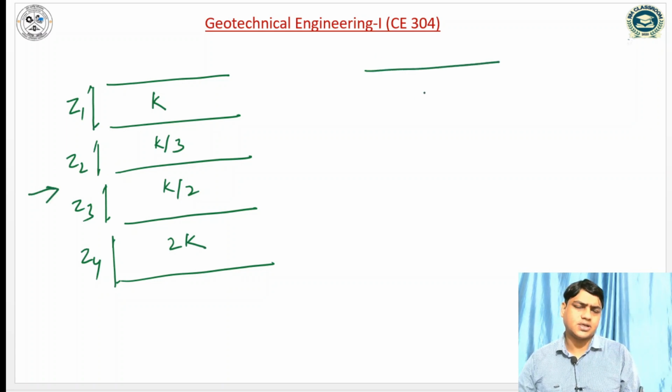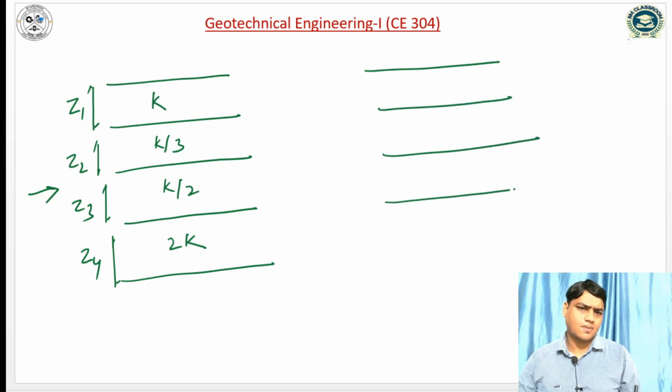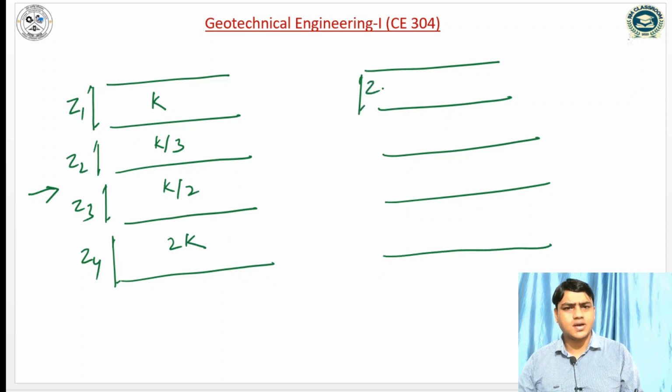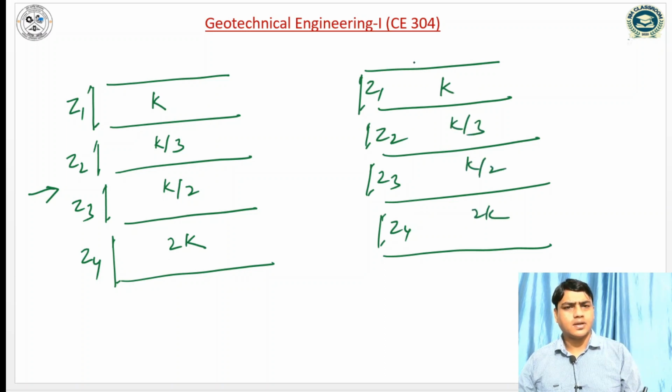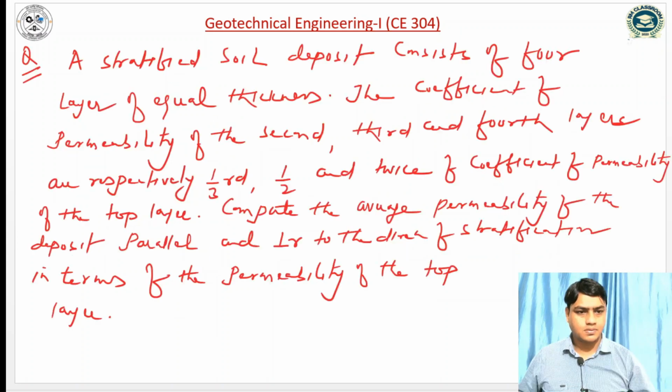Similarly, the second case, this is Z1, Z2, Z3 and Z4, and the permeability is K, K by 3, K by 2 and 2K, and the flow is in this direction.